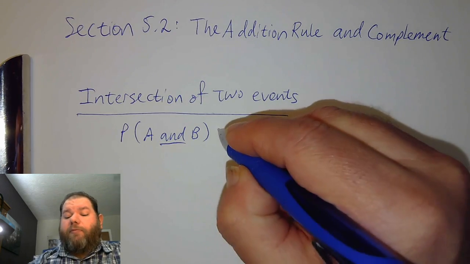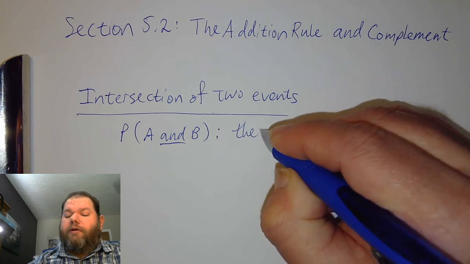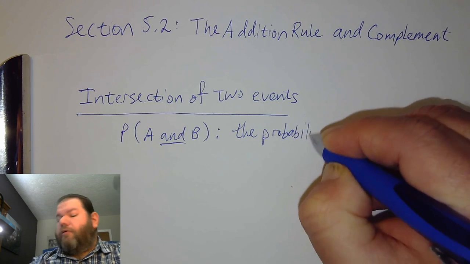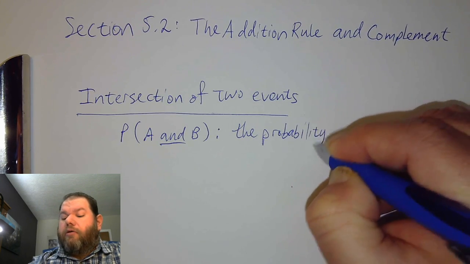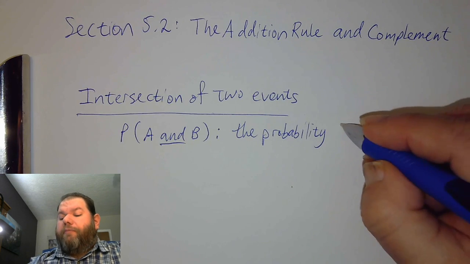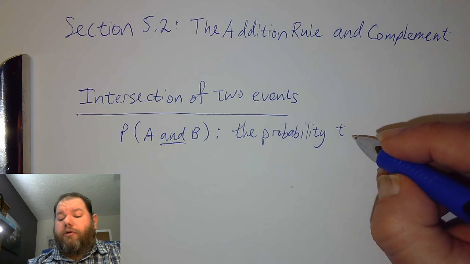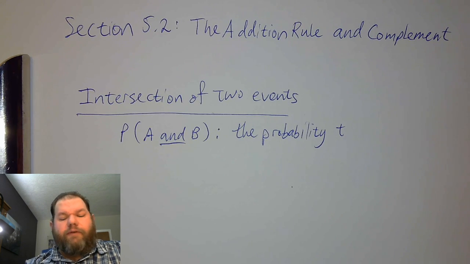So this is the probability that events A and B both occur, or both are successful.